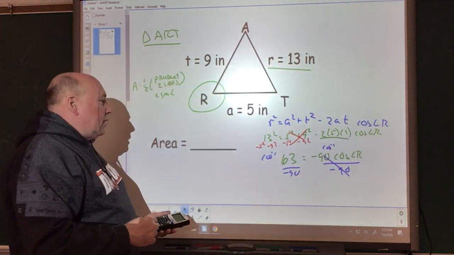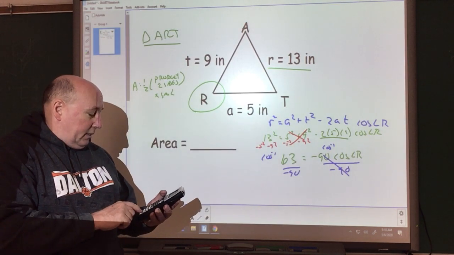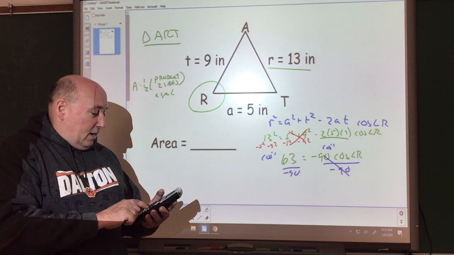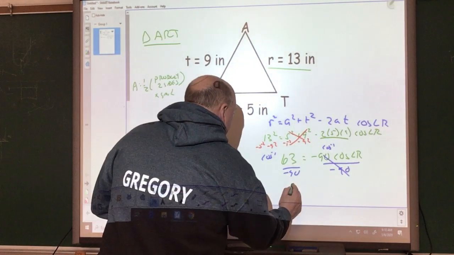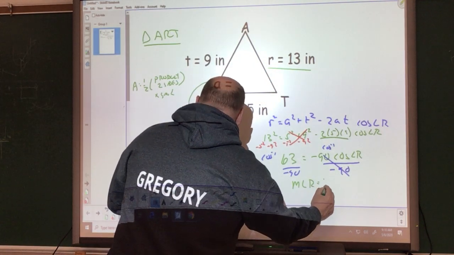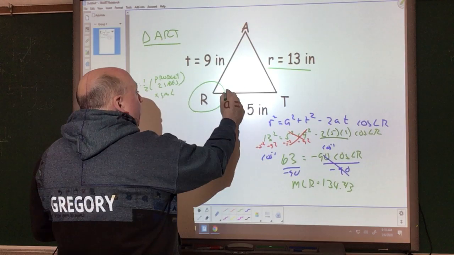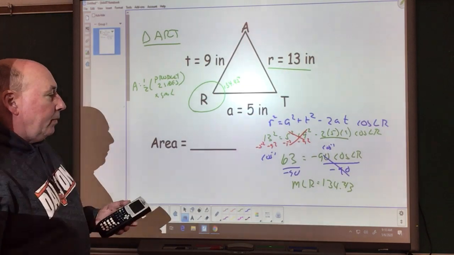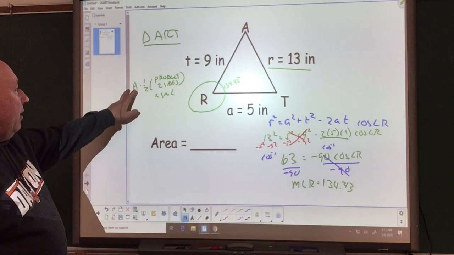We have the inverse cosine of 63 divided by negative 90, and we get 134.43 degrees. So now I know an angle and I can calculate my area.